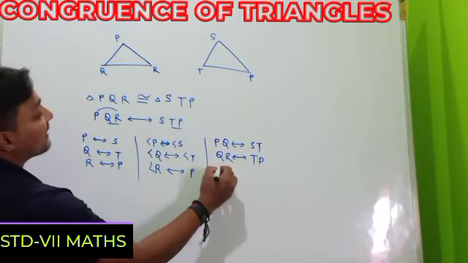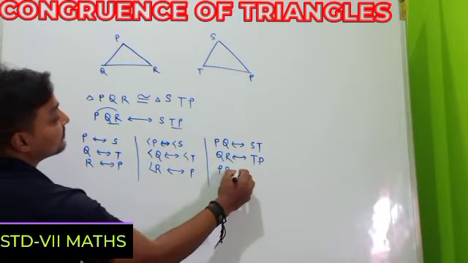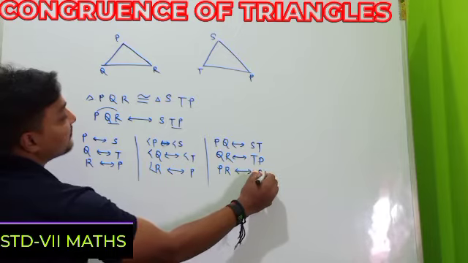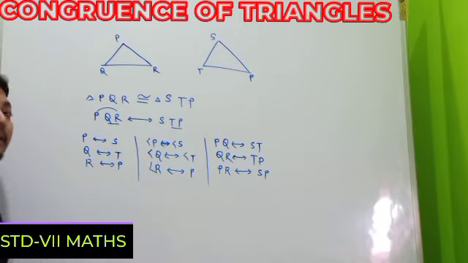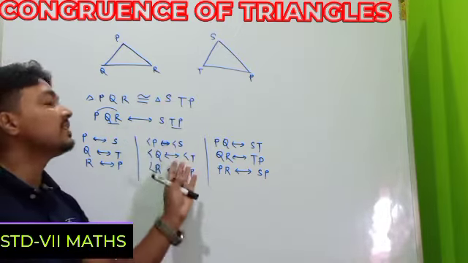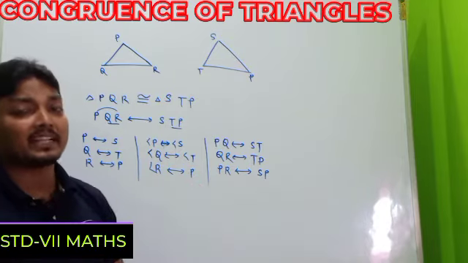Then PR matching with SP. Ready? Congruent means these 9 criteria must be satisfied.